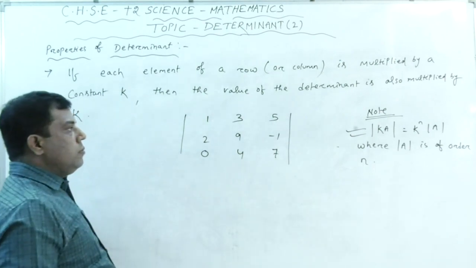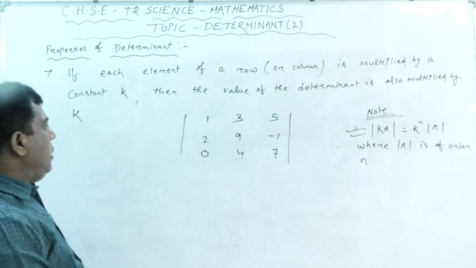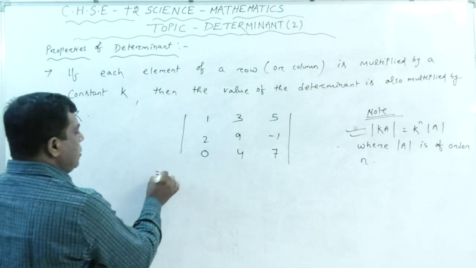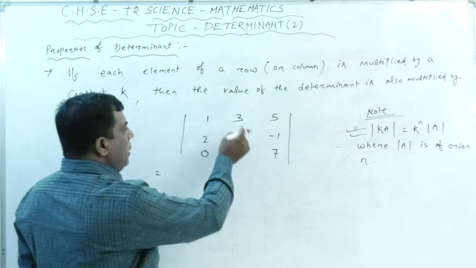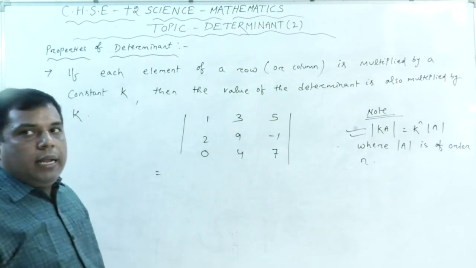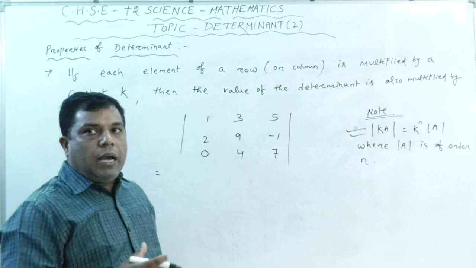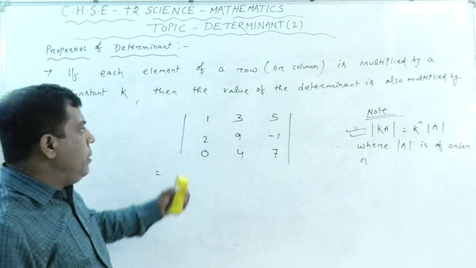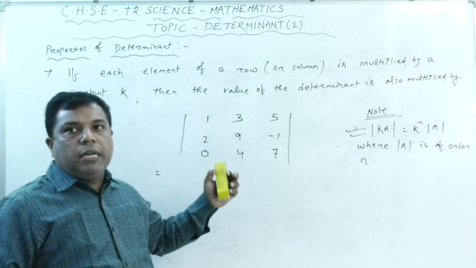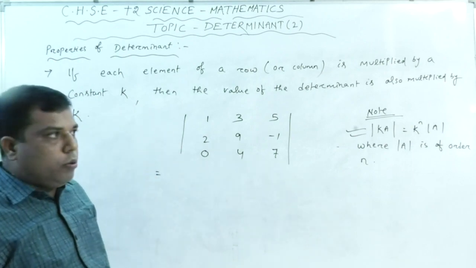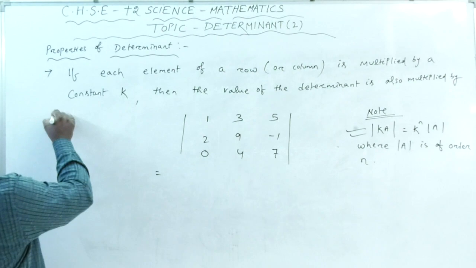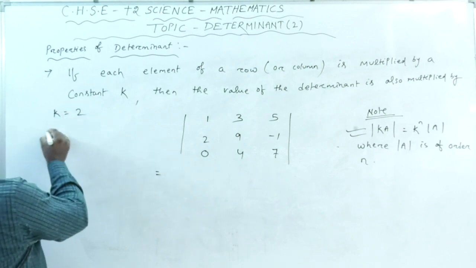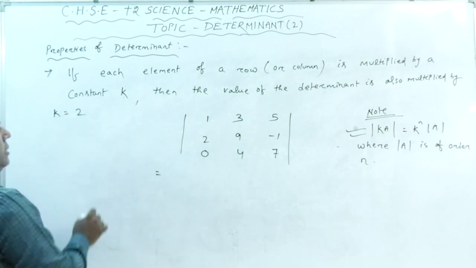We will evaluate the value first, and then multiply a constant with each element, and then compare the value of the original determinant and the newly obtained determinant. Suppose k is 2, and we multiply 2 with each and every element.